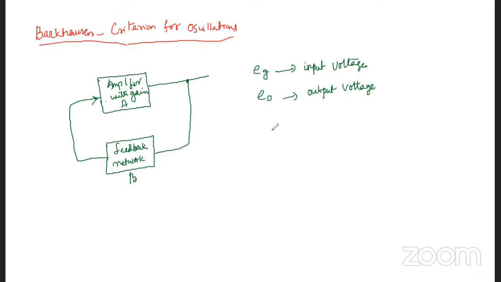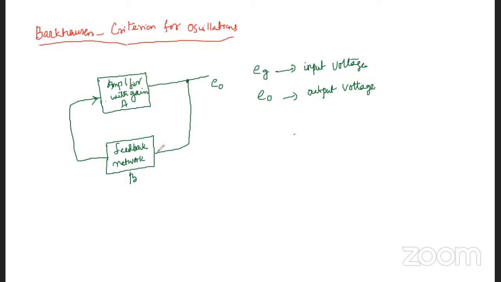So EG is the input voltage and E naught is the output voltage. Some part of the output is taken as an input here. Beta is the feedback fraction which is introduced from the output into the input.